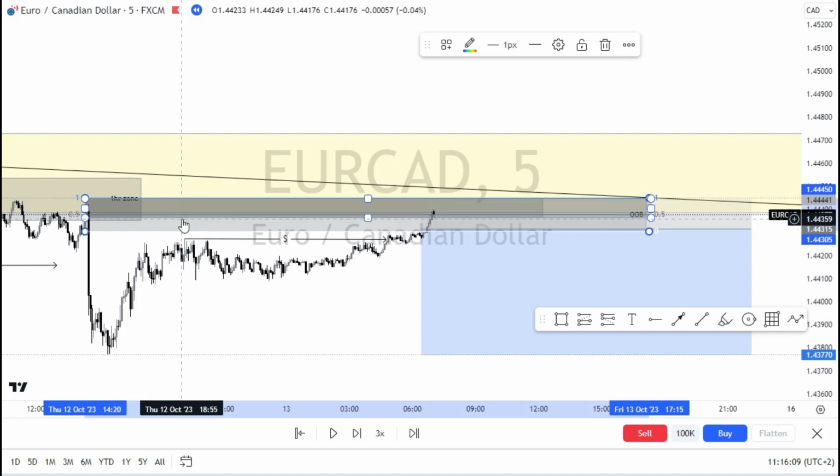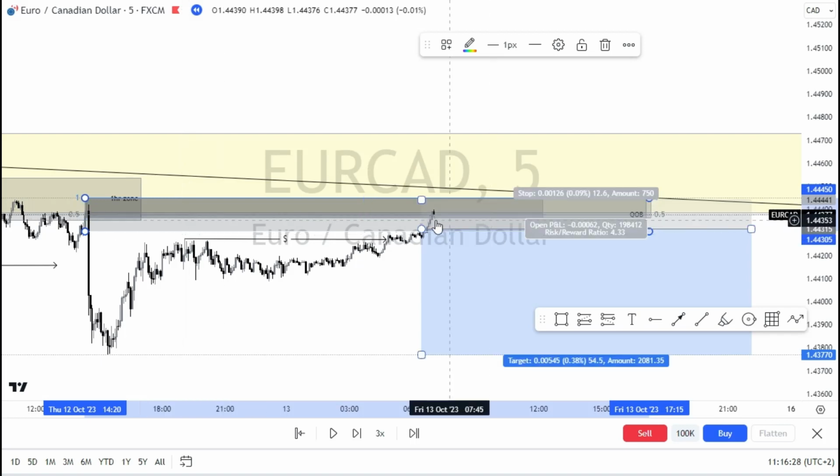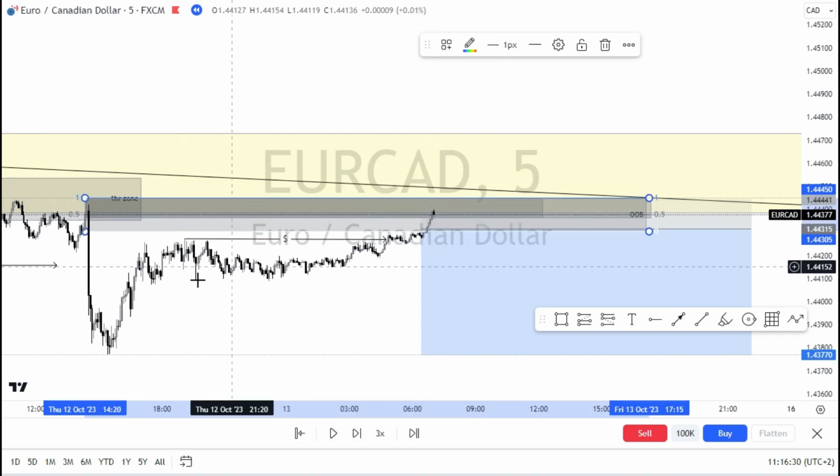But for me, I was a bit contemplating because in my recent trades, when I always put my trades above the 50% rule or above my premium or discount pricing, the market always intends just to tap below the 50% or above the 50%, and the market doesn't take my buy limit or my sell limit.